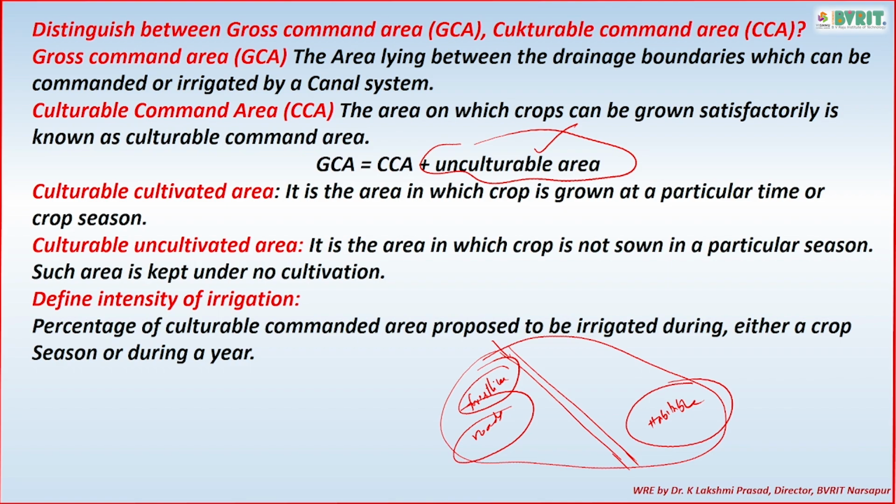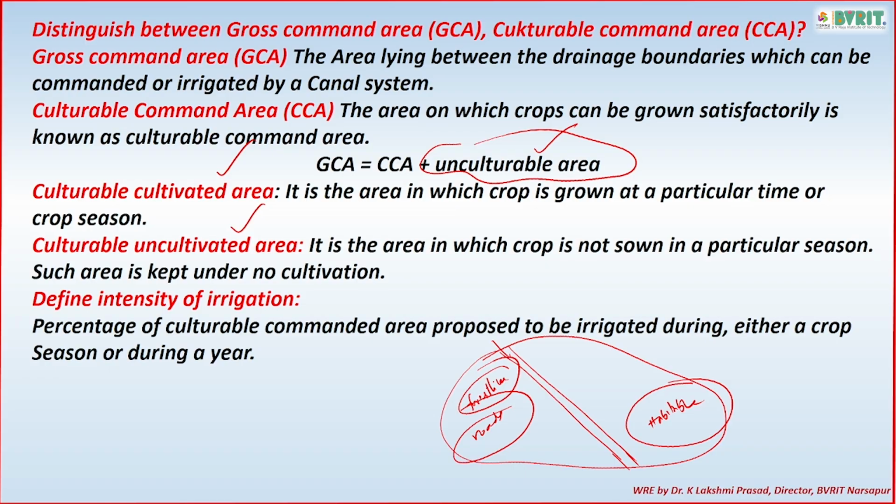In the culturable command area there are again two things: culturable cultivated area and culturable uncultivated area, because the entire culturable area may not be cultivated. This year you may want to cultivate only some portion of it.